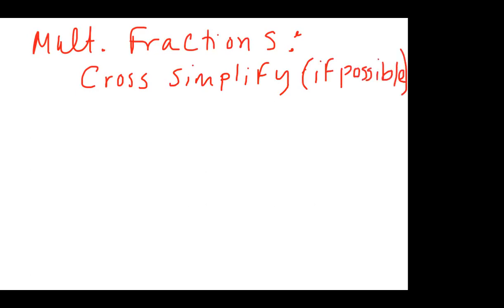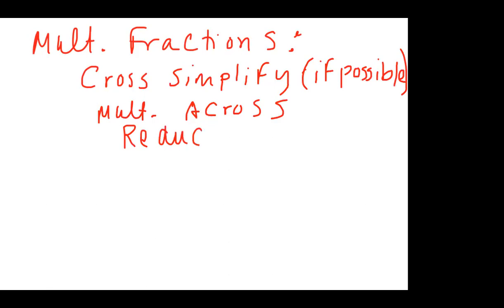If it's not, that is okay. Then you want to multiply straight across. And then don't forget, for these problems, especially on My Math Lab, guys, if a fraction needs to be reduced, you must reduce or simplify the fraction if possible, okay? You don't have to be told to do so.